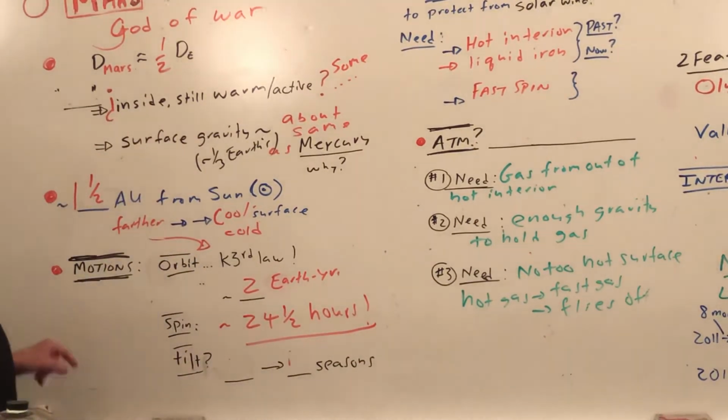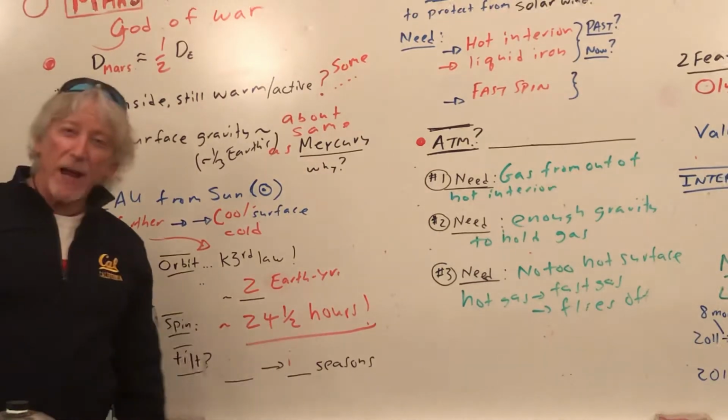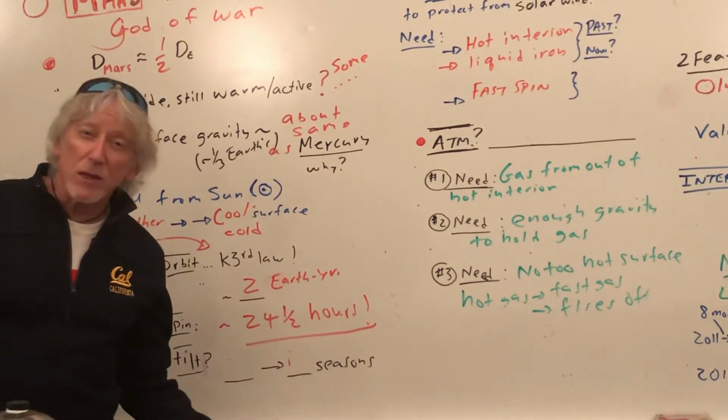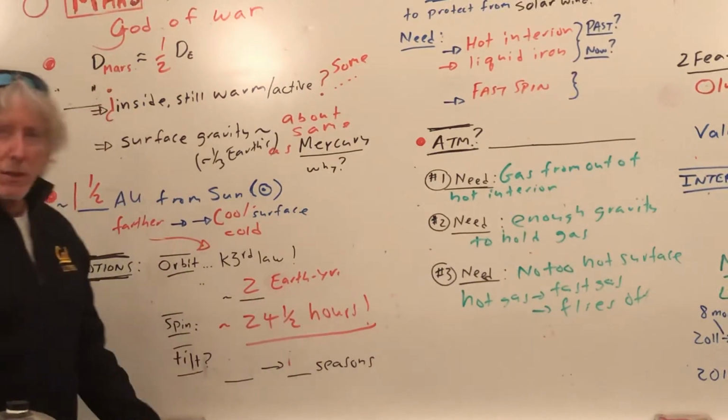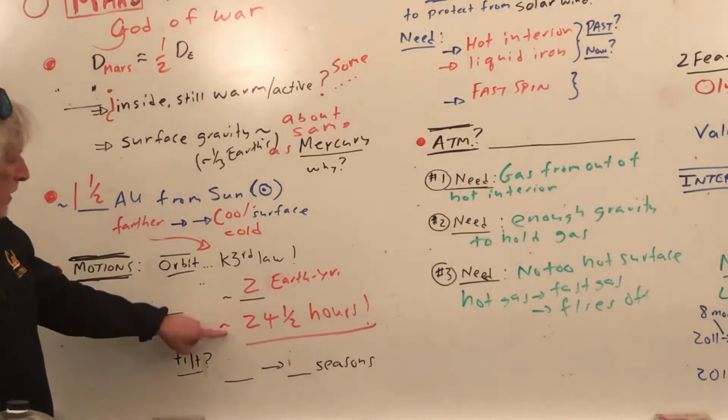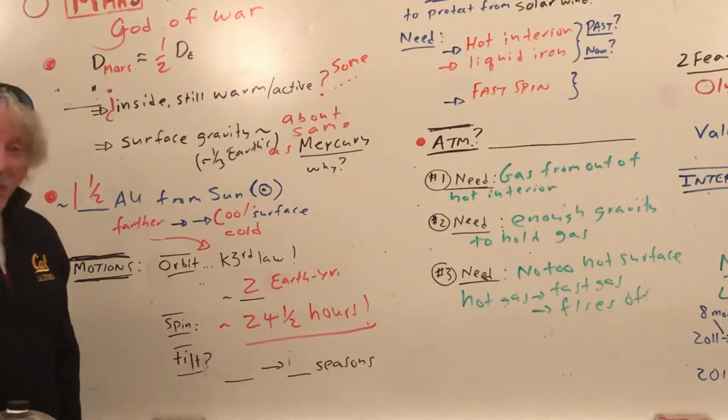That's crazy. 24 and a half hours. It's like Earth. Some say they'll mess with your sleep cycle. So studying and teaching and all that stuff. So 24, you'd have night and day.